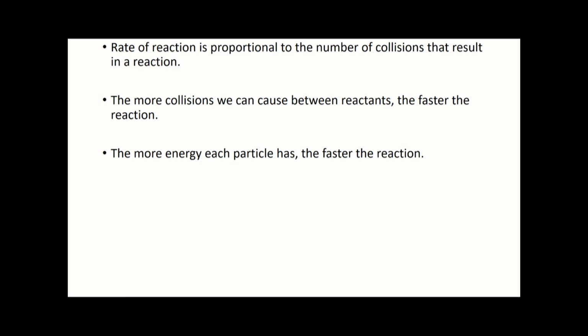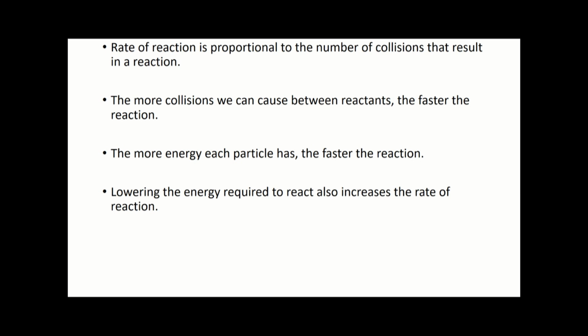And if we can find a way to make it so that the particles require less energy, we're going to get a faster rate of reaction because we're going to end up with more particles reacting. So our aim here, when we're trying to increase the rate of reaction, is to make as many reactions happen as possible in the shortest possible time.